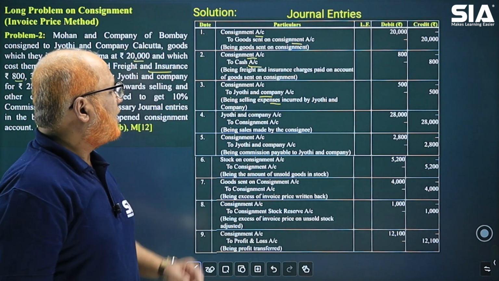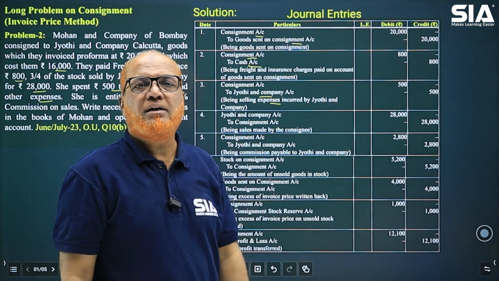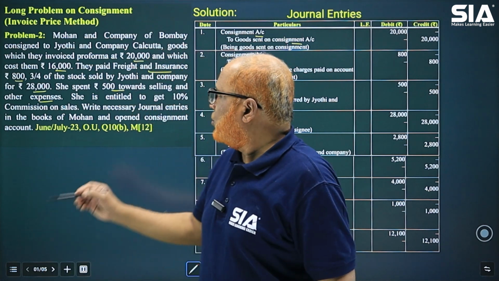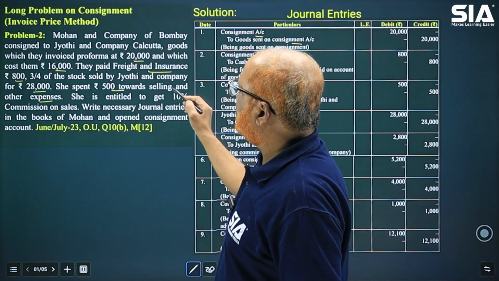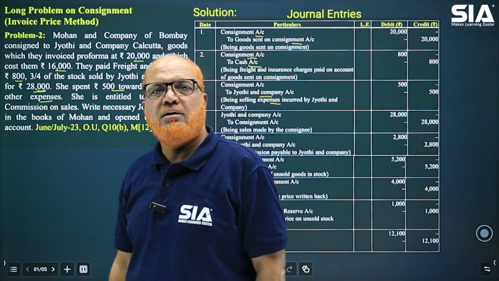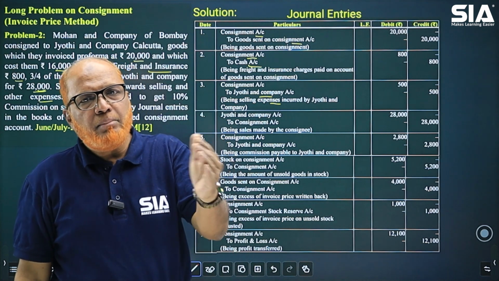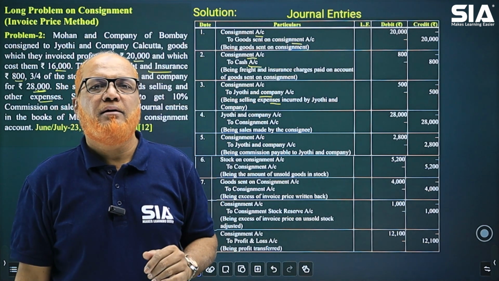Next comes sales made by the consignee. 3/4 of the goods are sold by the consignee for an amount of rupees 28,000. When goods are sold by the consignee, consignment account should be credited.